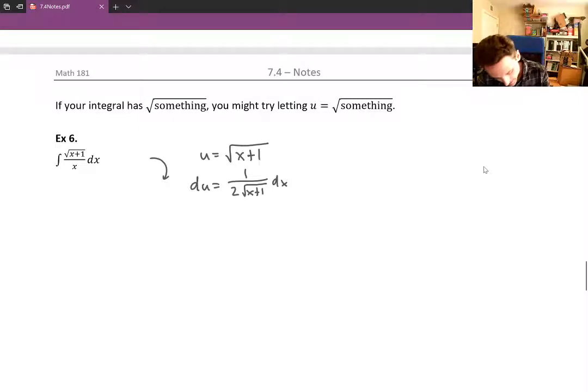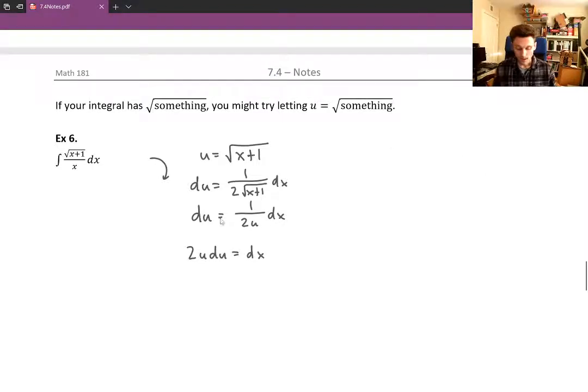So if we go and rewrite this, we can write 1 over 2u dx. And move the 2u over to the left side. So we get 2u du equals dx. Now by doing this, we'll be able to replace the dx without having to have another function right next to it, like we normally do with substitution.